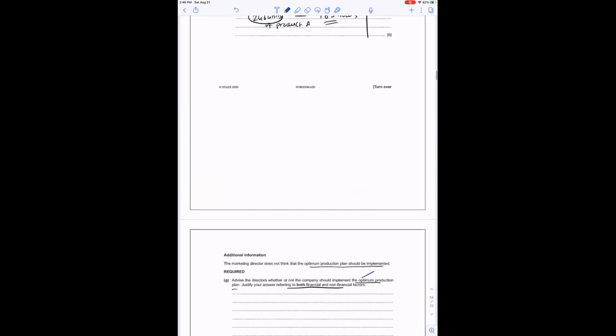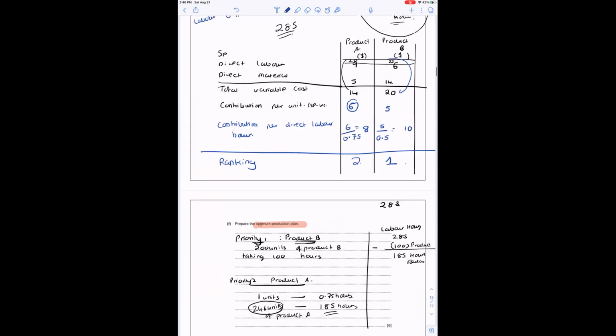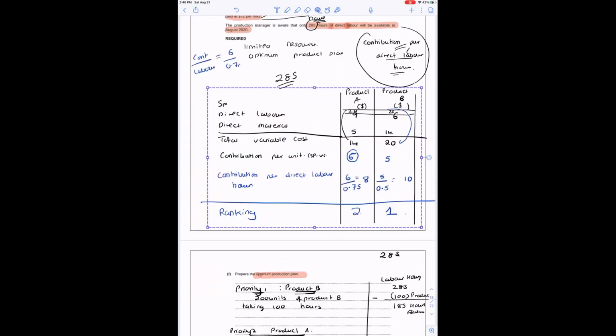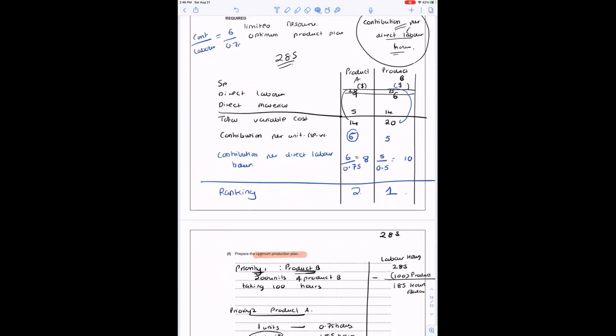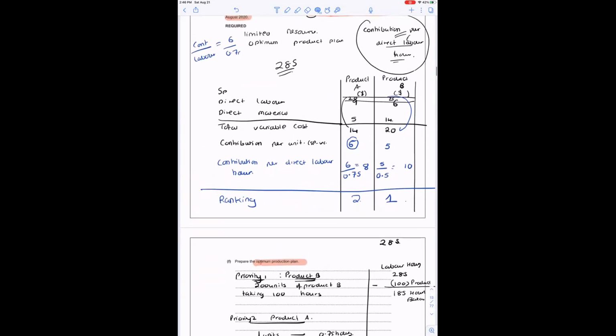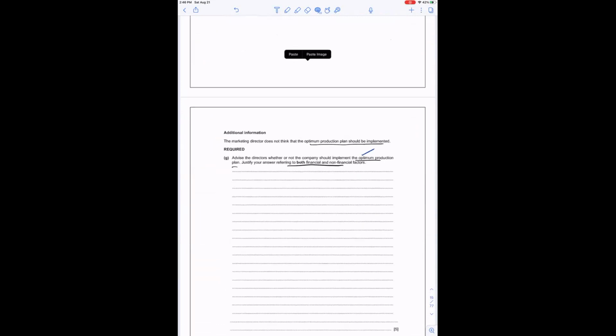See, if the company uses the optimum product plan, it is going to make an extra contribution. It is going to make an extra contribution of how much? Let's see.